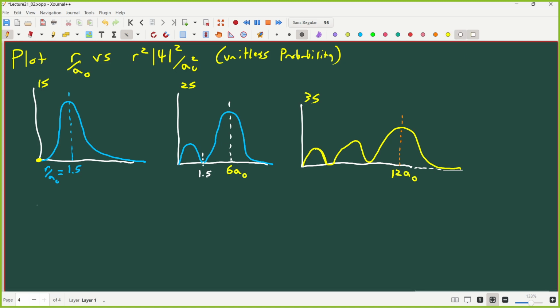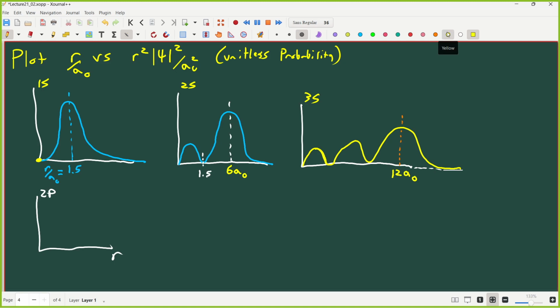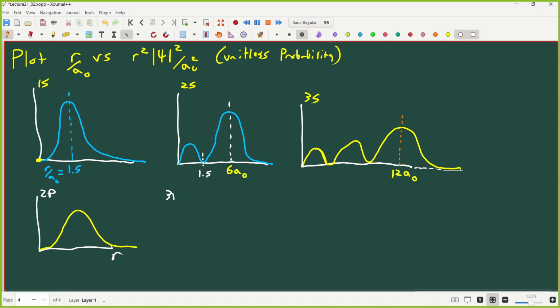So the 2s orbital, or sorry, the 2p orbital, again, you don't really see along the radial direction that lobe-like structure in the 2p orbital. It kind of looks like a hump as well. And in the 3p, again, we start to see the node-like structure appear.